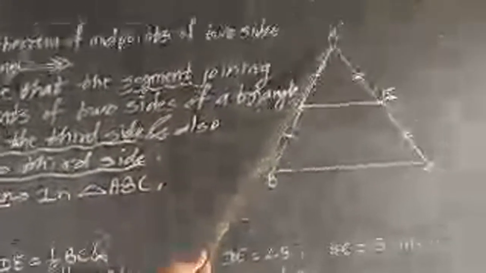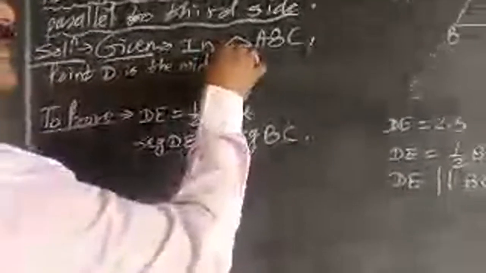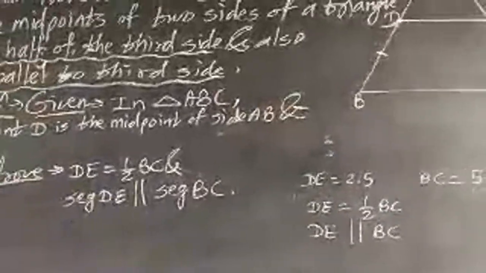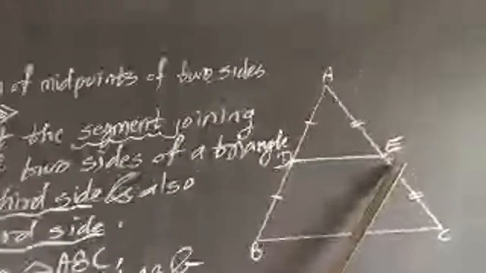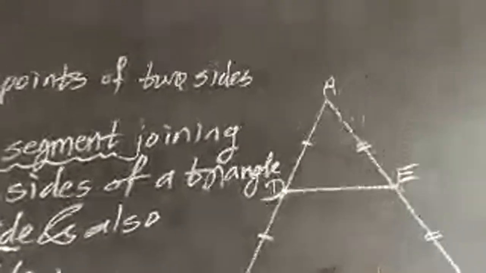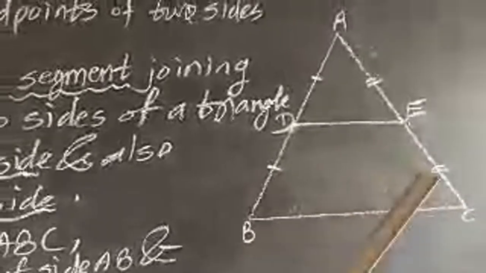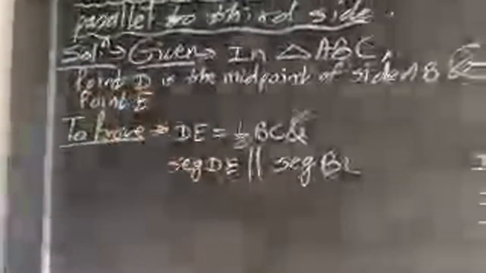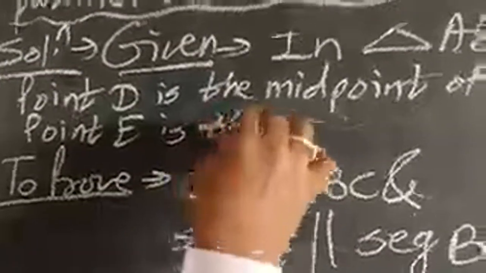Point D is the midpoint of side AB, and point E is the midpoint of side AC.